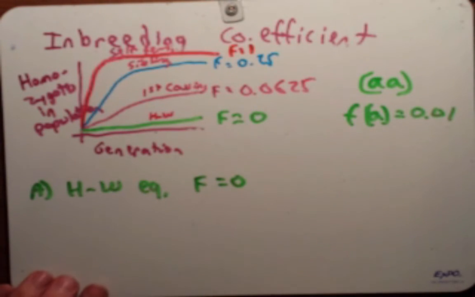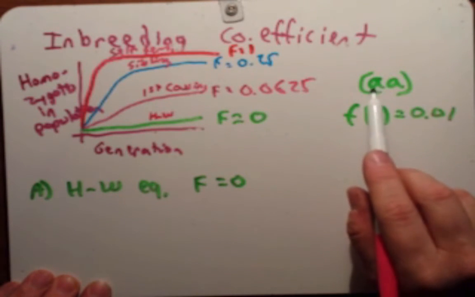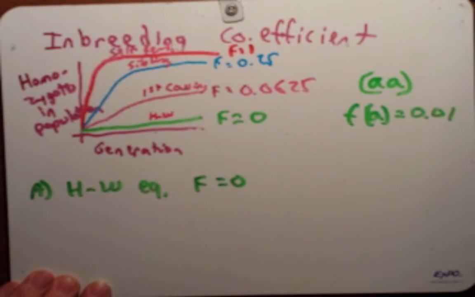Alright, so let's come back to our problem. We want to know the probability in this population that we will have homozygous recessives.